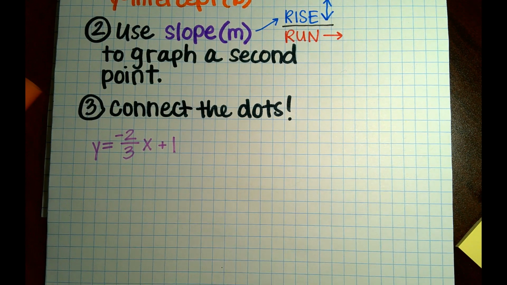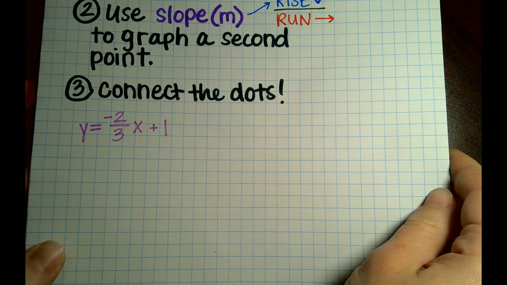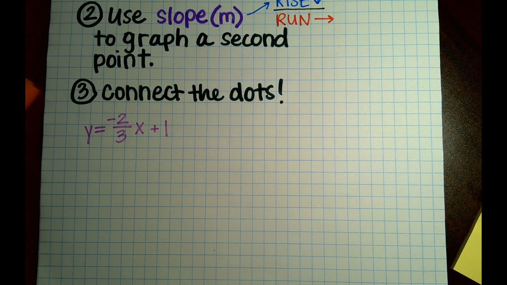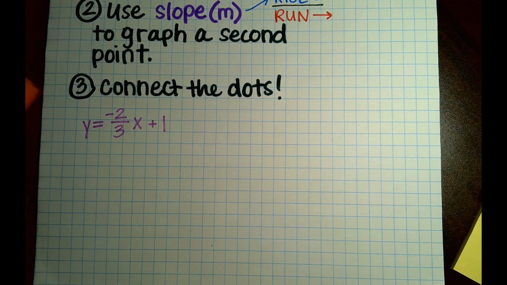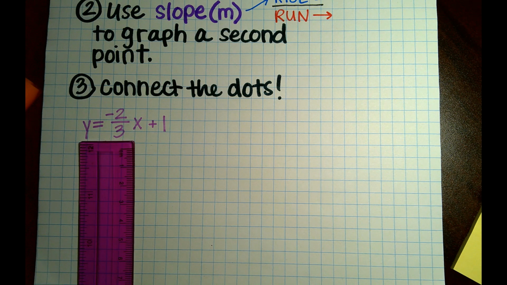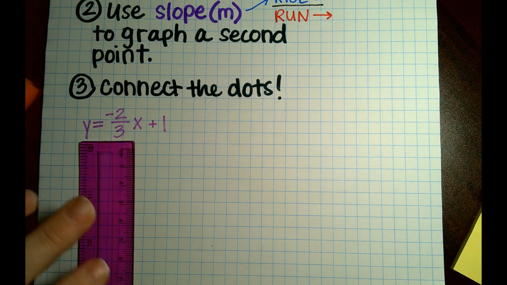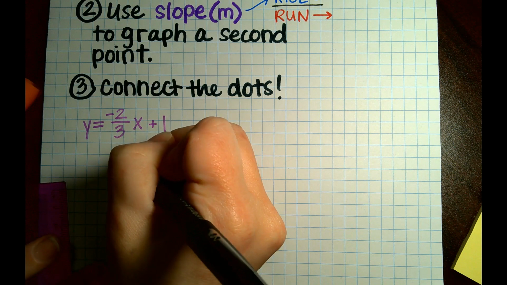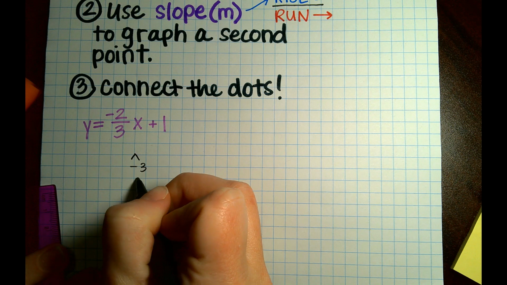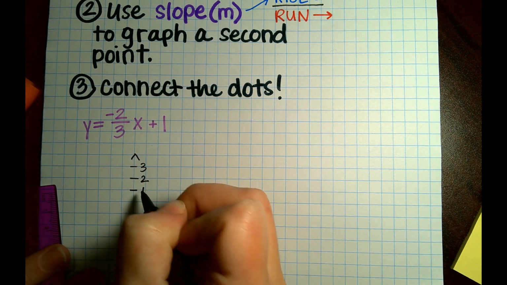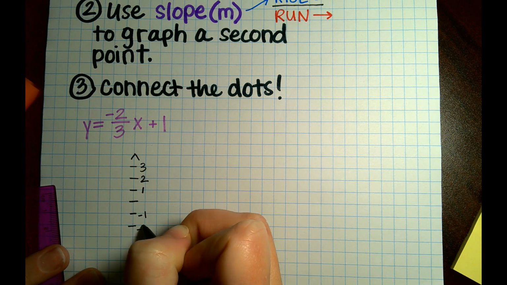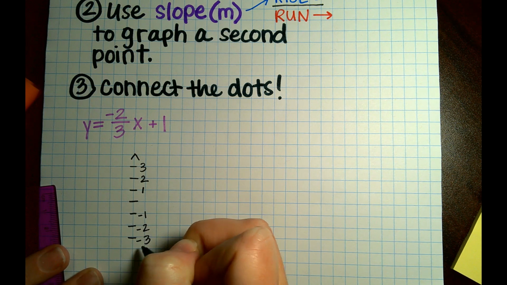Okay, so let's scooch that up just a little bit, and we're going to look at the second problem on that do now. And I'll start by giving myself a graph. And it doesn't have to be very big. Let's do 3, 2, 1, 0, -1, -2, -3.